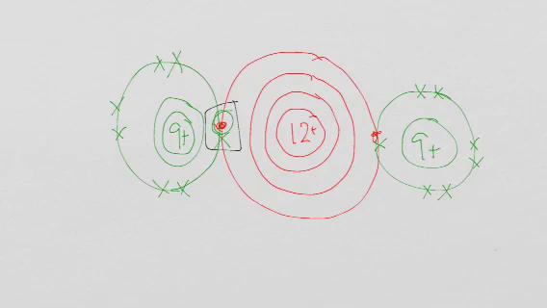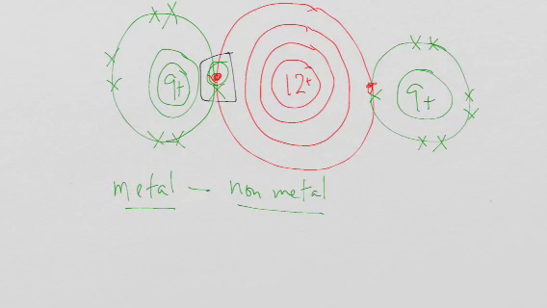The rule here in ionic bonding is it will always be a metal bound to a non-metal. And for the most part, the givers of electrons are going to be your metals and the takers are going to be your non-metals. All right? When we go to name these compounds, the metal always comes first. So in this case, we would have magnesium.